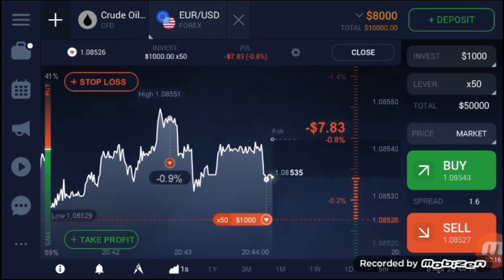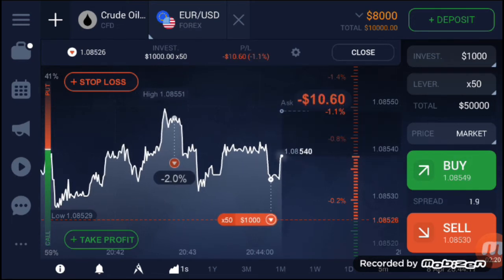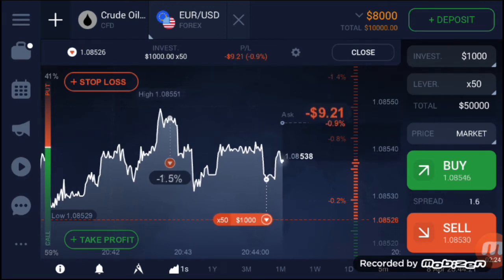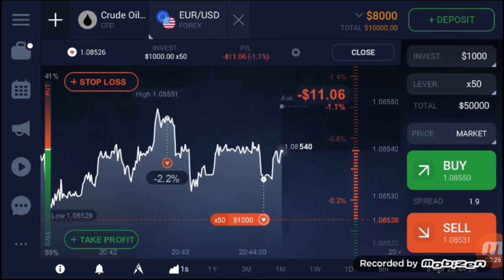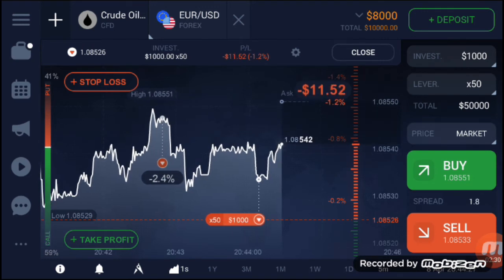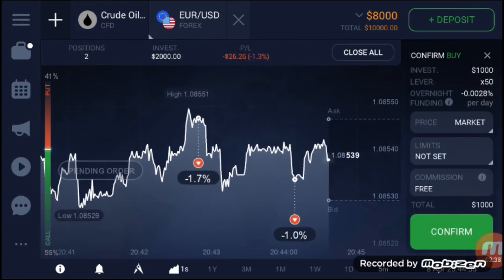That's the level there, the low level. And you can also buy. So, nice.